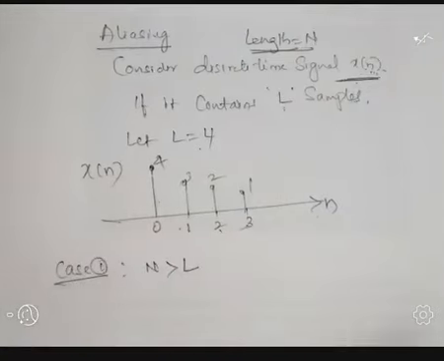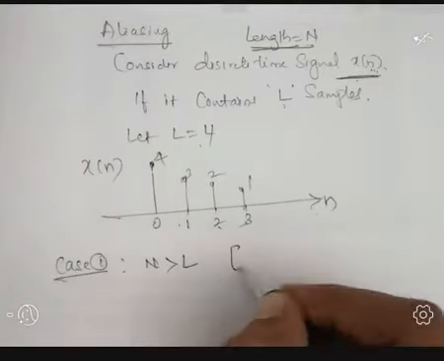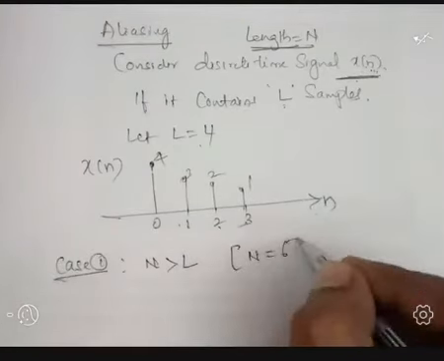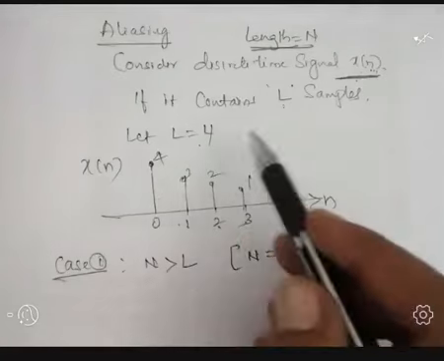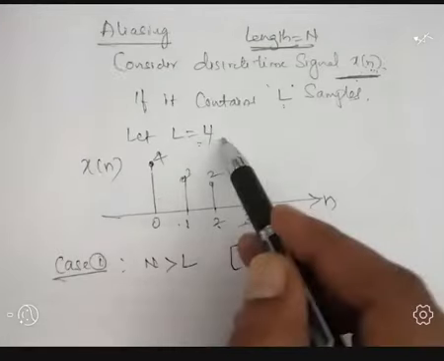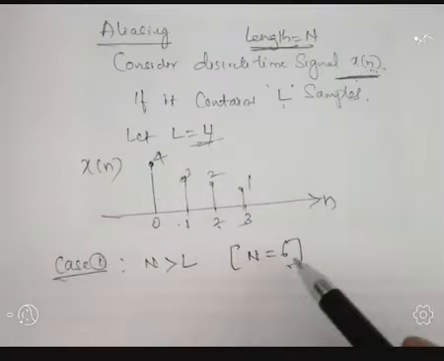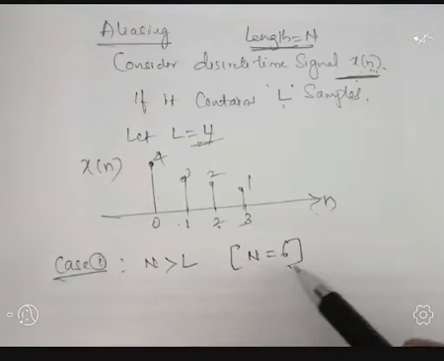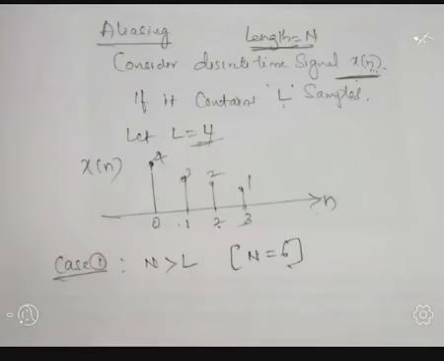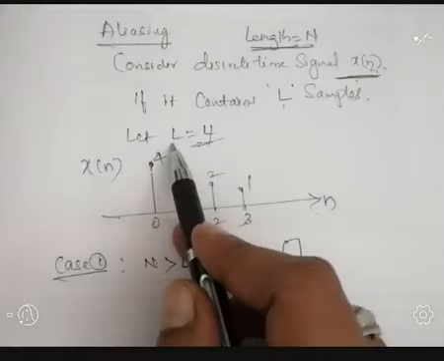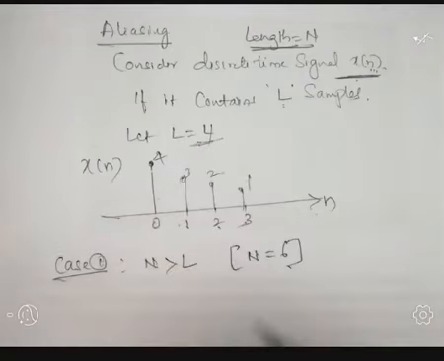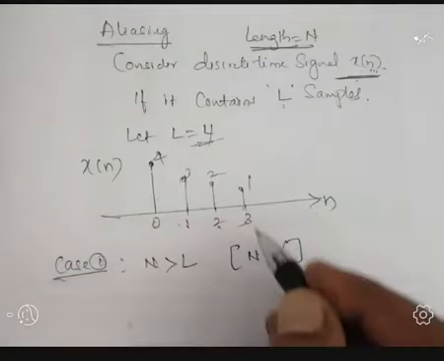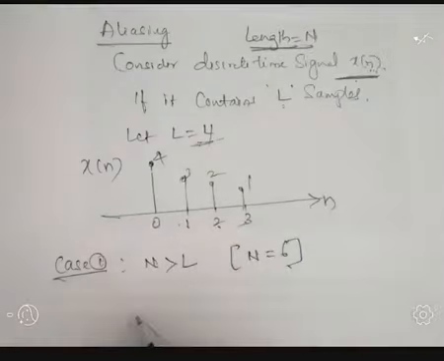If N is greater than L, I will take N equal to 6. Of course, L is 4. If I take greater than L, the value should be more than 4, and because of that I have taken N equal to 6. What happens if the period of the given signal is greater than the length of the sequence? N indicates the periodicity, the length of the period.